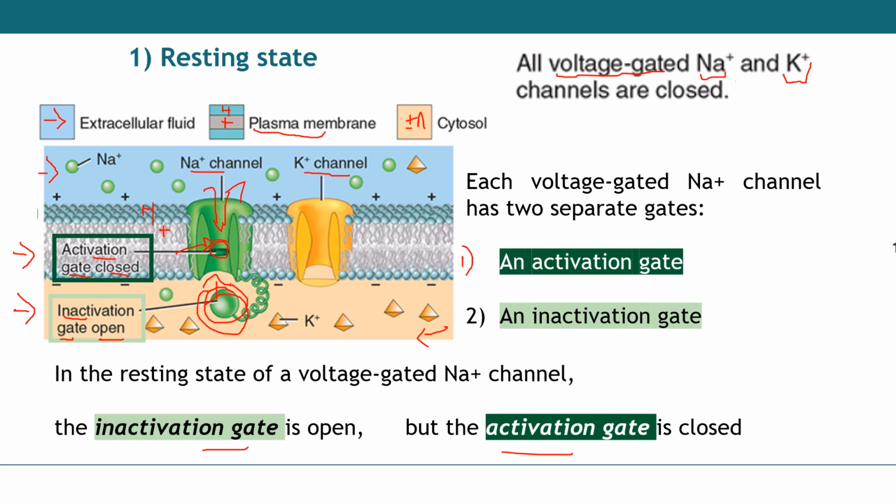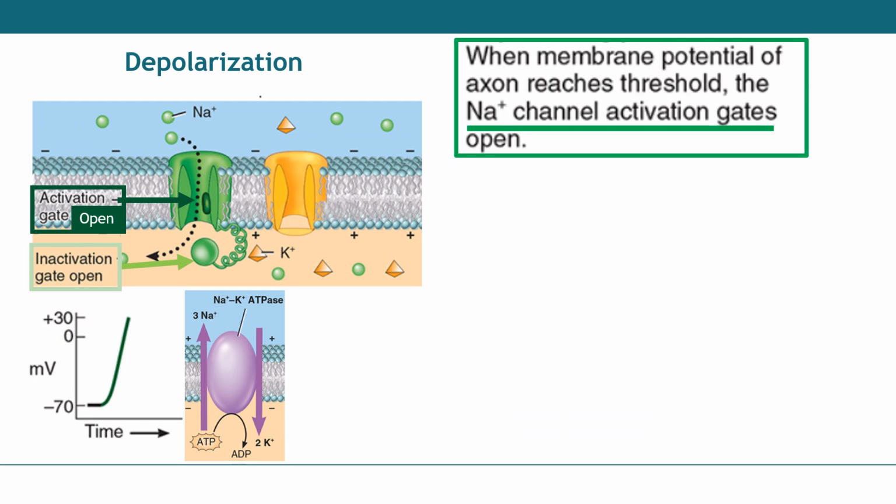And what happens now is the depolarization, we are going to open the channel, as I told you in the previous explanation. So look, it's exactly what I explained before. Now you can see in your textbook that the activation gate is open.